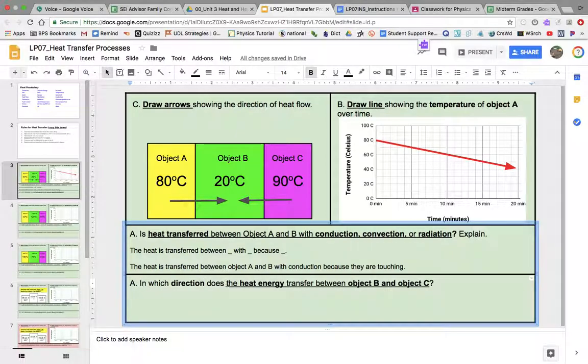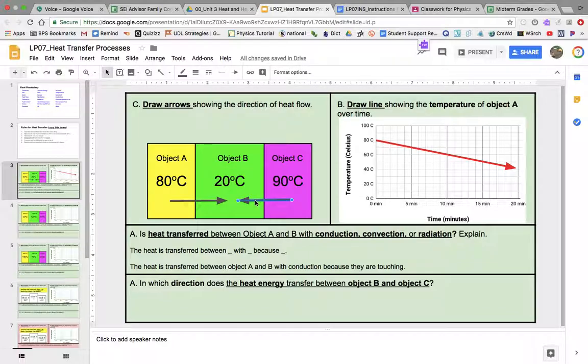In which direction does the heat energy transfer between B and C? So is the heat going from B to C, or is it going from C to B? And you can just look at the direction of the arrow.